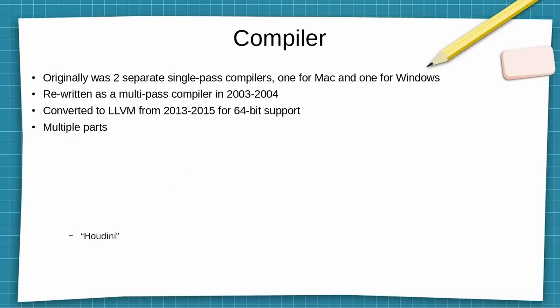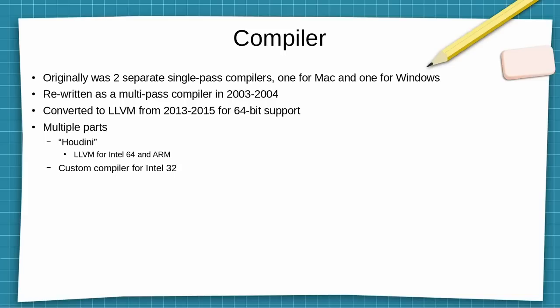And of the multiple parts, the main thing you may have seen is this term Houdini. You may have seen this pop up at the end of a build process, like in your task manager or activity monitor. That's kicking off some LLVM components to do builds.